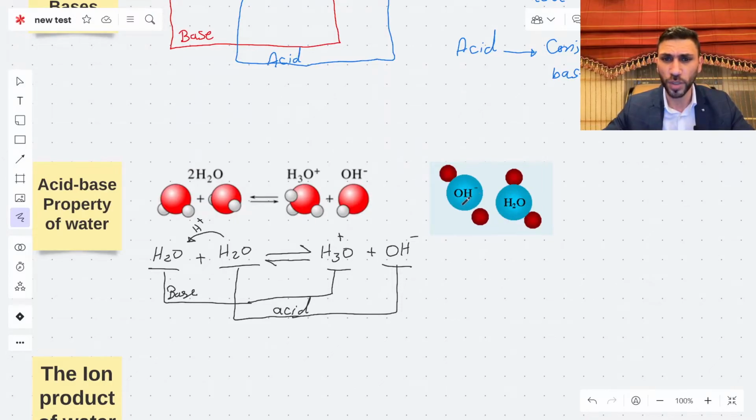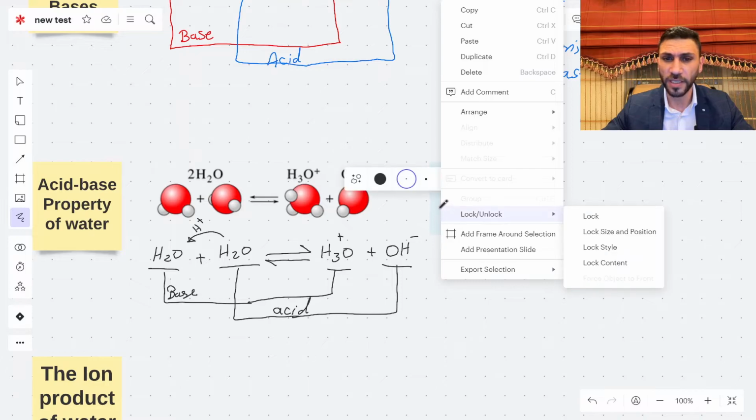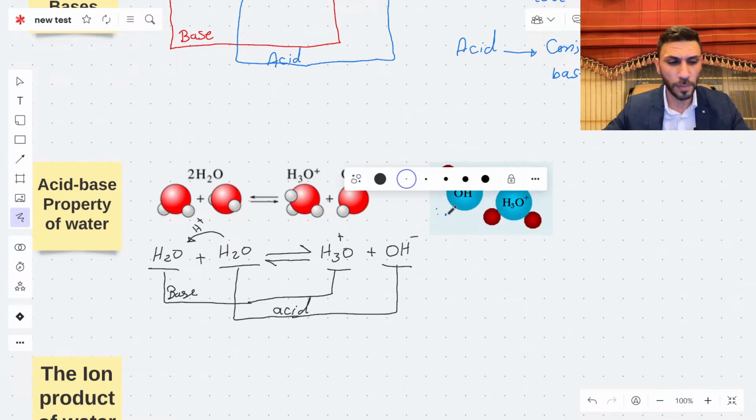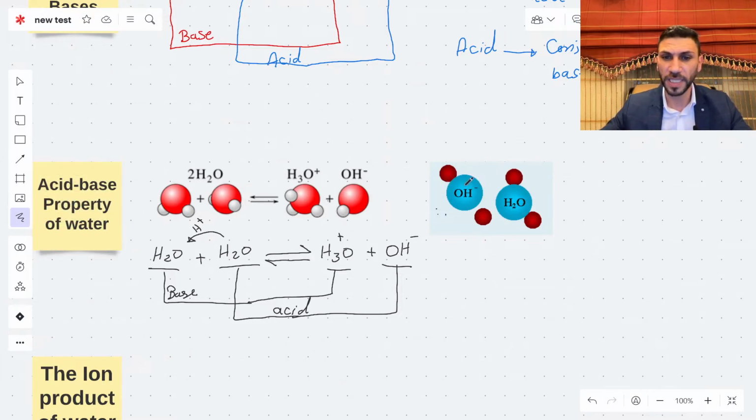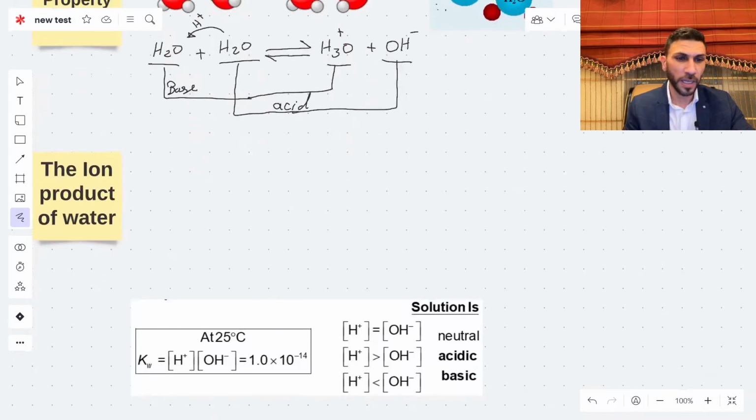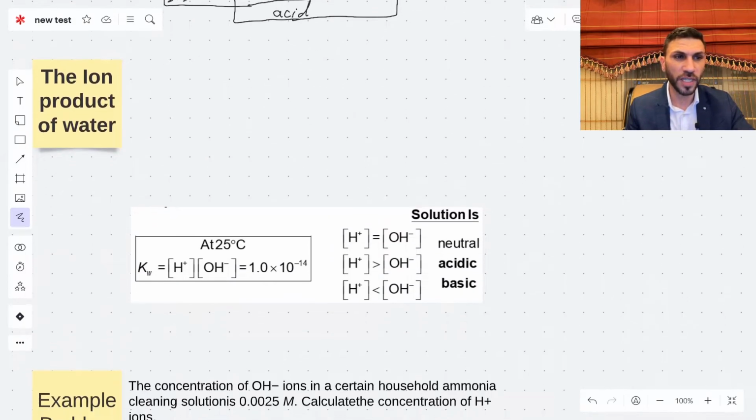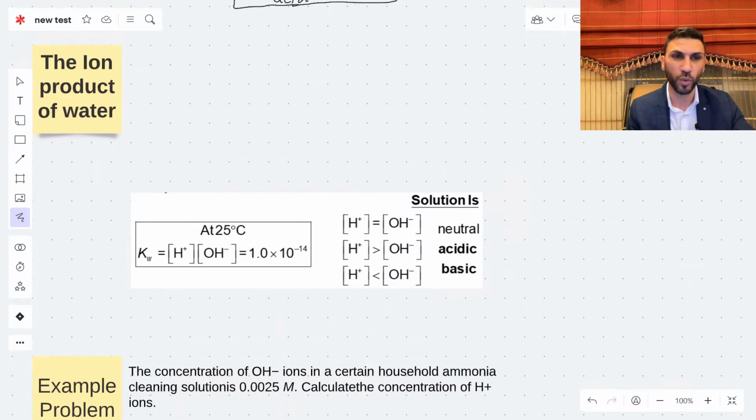This is the two water molecules. And then what happened is this hydrogen will go to this water, and then this hydrogen ion will go to the other molecule. Now, we have something called the ion product of water.